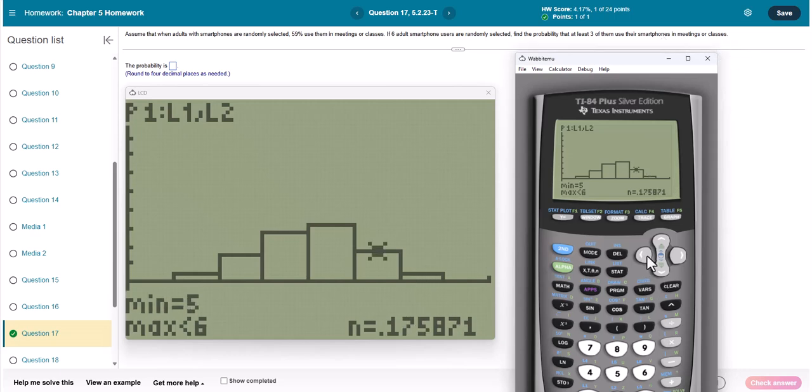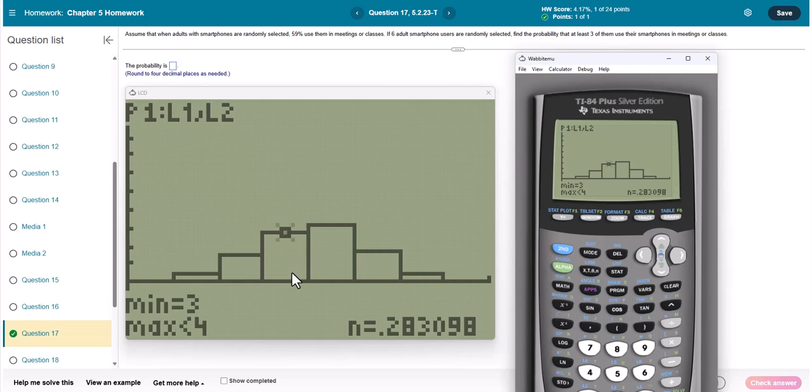There's a function that will add those probabilities. It's called the binomial cumulative density function.